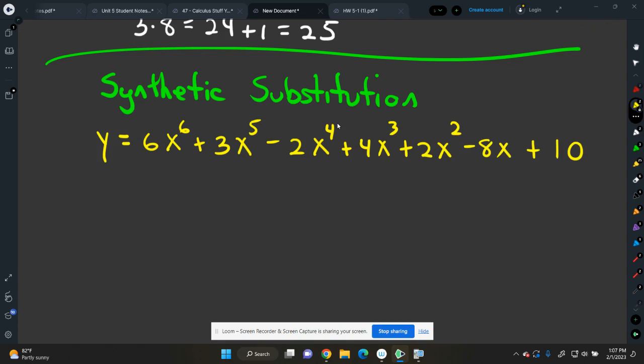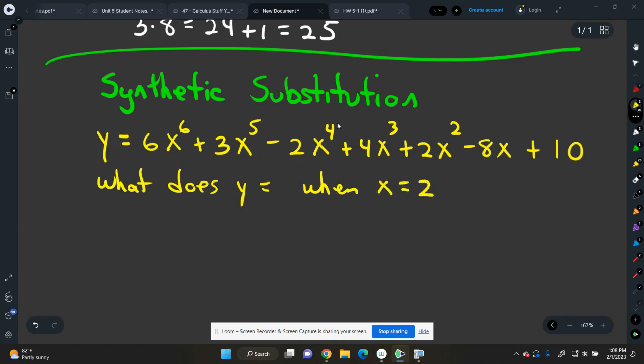Everyone copy this down. Okay? Now, if I wanted to know what y equals when x equals 2, how would you do that?